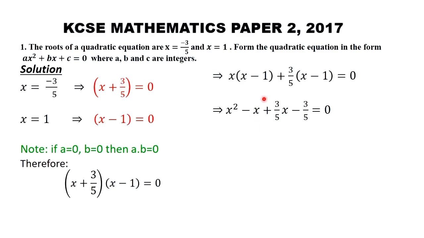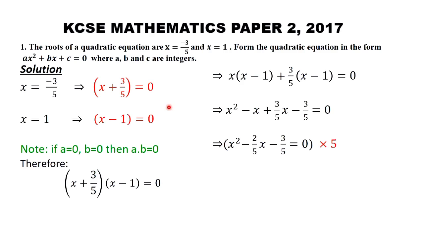So we have right in the middle here, -x plus 3/5x, that should give us -2/5x. So rewriting this equation, we have x squared minus 2/5x minus 3/5 is equal to 0.